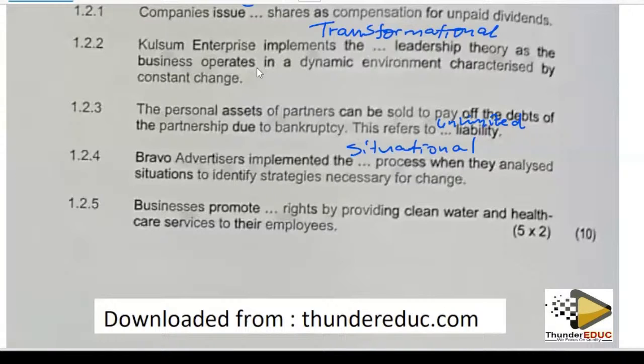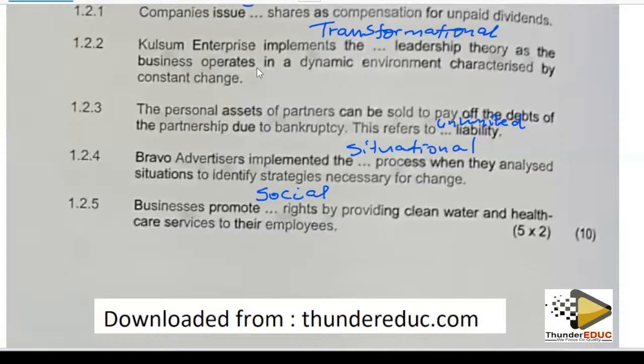From the definition I gave you, I said that the moment the business pays much attention to or respects the well-being of the workers, that calls for social right. So our appropriate answer is social right.